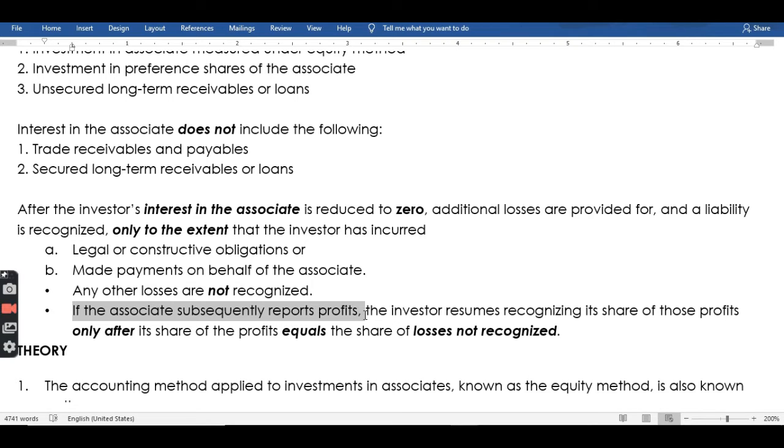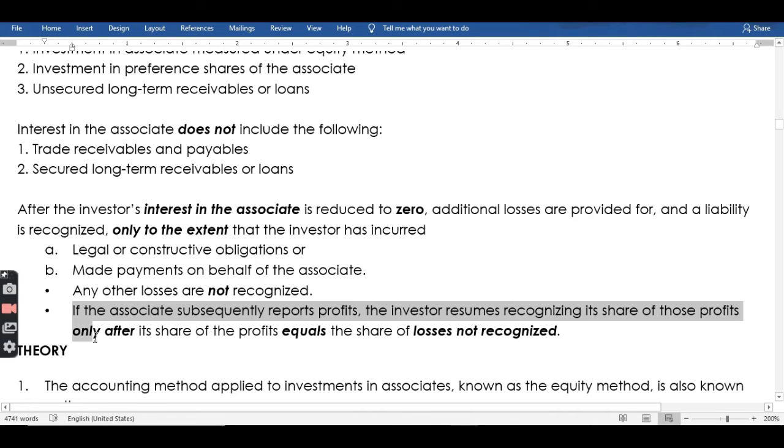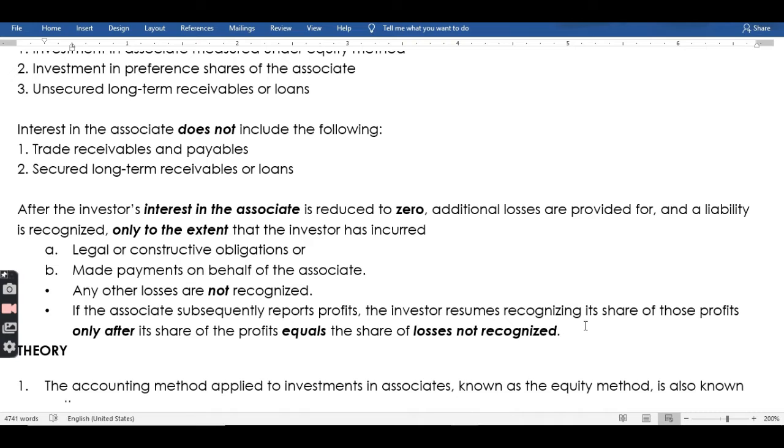Kapag naka-recover na at nag-recognize na siya ng profit, ano gagawin mo? The investor resumes recognizing its share in the profits only after its share in the profit equals the share of losses not recognized. Okay? So, in other words, bago ka mag-recognize ng profits, bawiin mo muna lahat ng mga hindi mo na-recognize na losses.